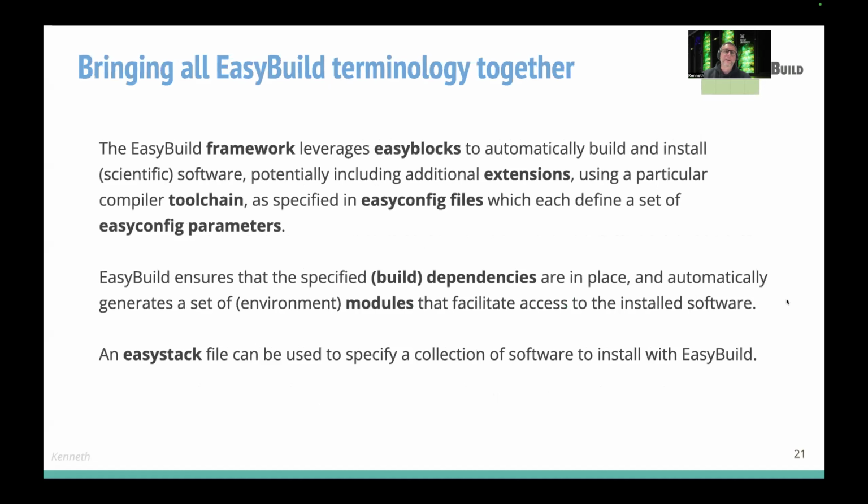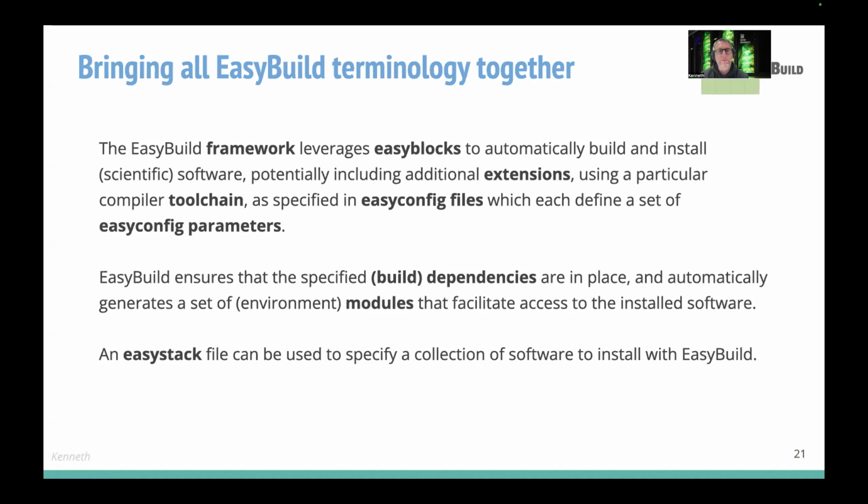And then bringing it all together here, so we have the framework that uses EasyBlocks to install software. That could include extensions like Python packages. All those installations are done with a particular toolchain, so a particular compiler toolchain. And EasyBuild installs what is specified in one or more EasyConfig files.